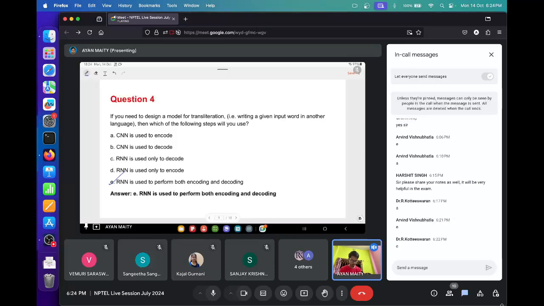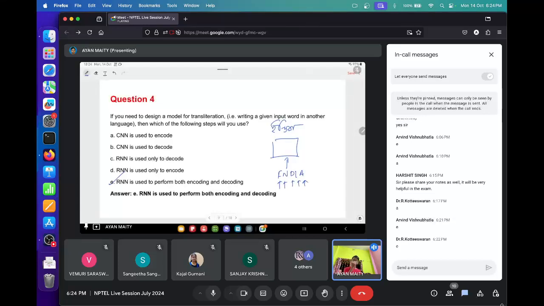For example, if I input the word India in English and I want to transliterate into, for example, Bengali, the same word will be written but in Bengali alphabets or Bengali letters. The Bengali word is also spelled as India, just that the Bengali letters should be used to write the word India.